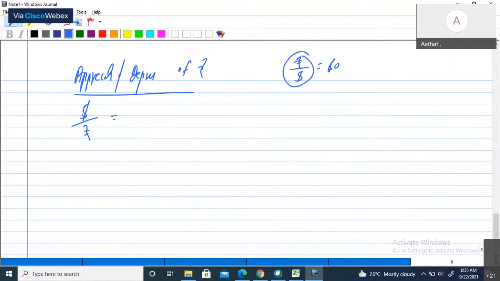Anyway, I will tell you. If you have rupees to dollar and you want dollar to rupee, how to convert? The formula is 1 divided by rupees per dollar. I believe all of you know already.